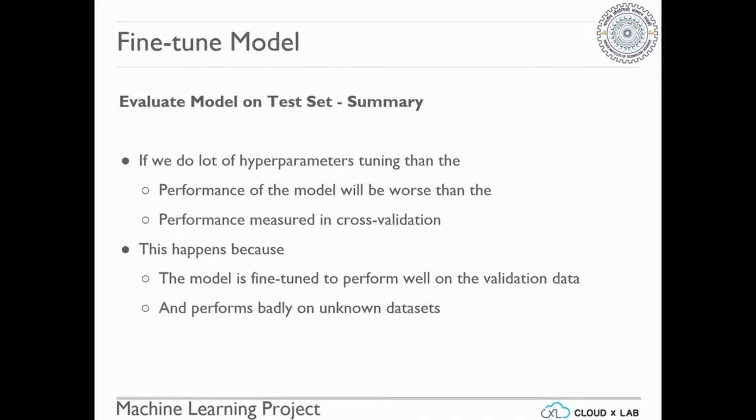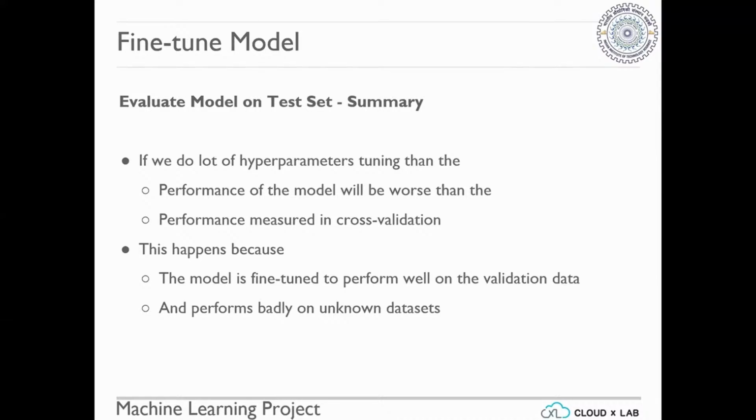If you tune more hyperparameters, you end up getting a model that performs well on the validation side. And if you are not using, let's say, 5-fold or 10-fold cross validation, and are only using one split, then you may get the wrong model.